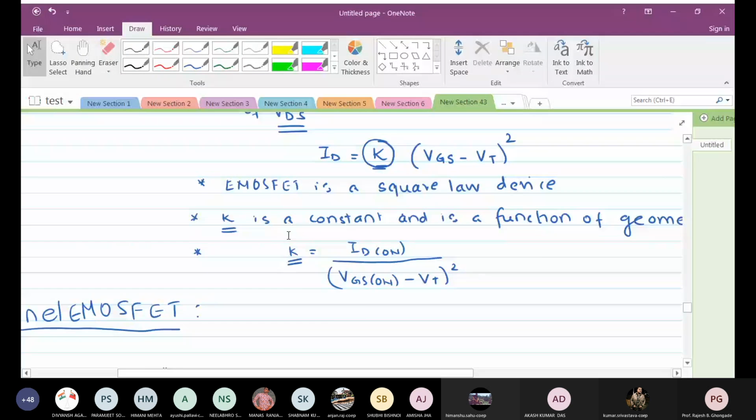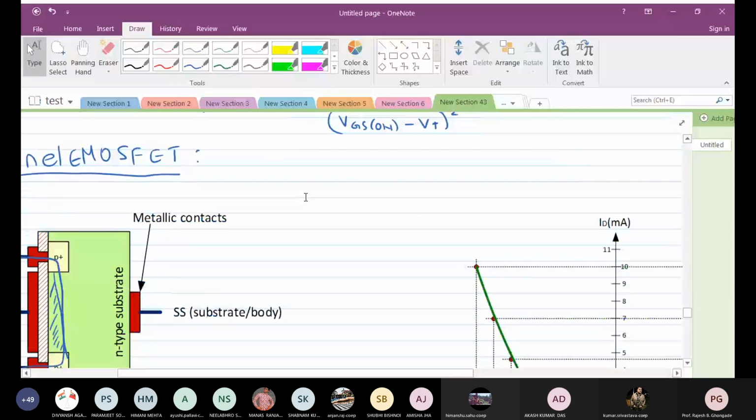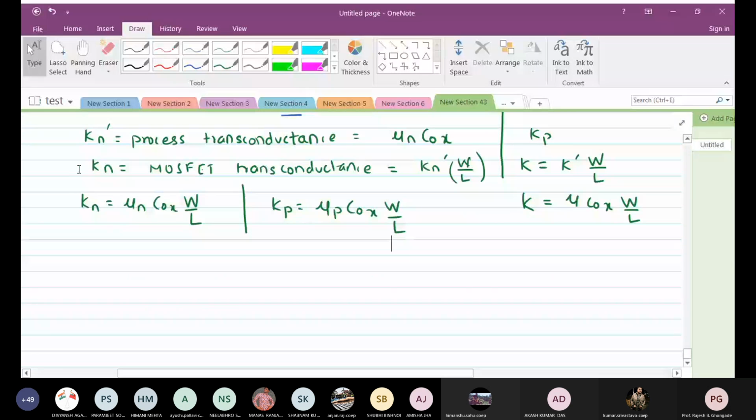In the saturation region, we've already seen that. Okay, what is this K? This K is called the MOSFET transconductance. Whereas Kn dash is called the process transconductance. Okay, now they are different for NMOS and PMOS. So we have Kn or Kp.